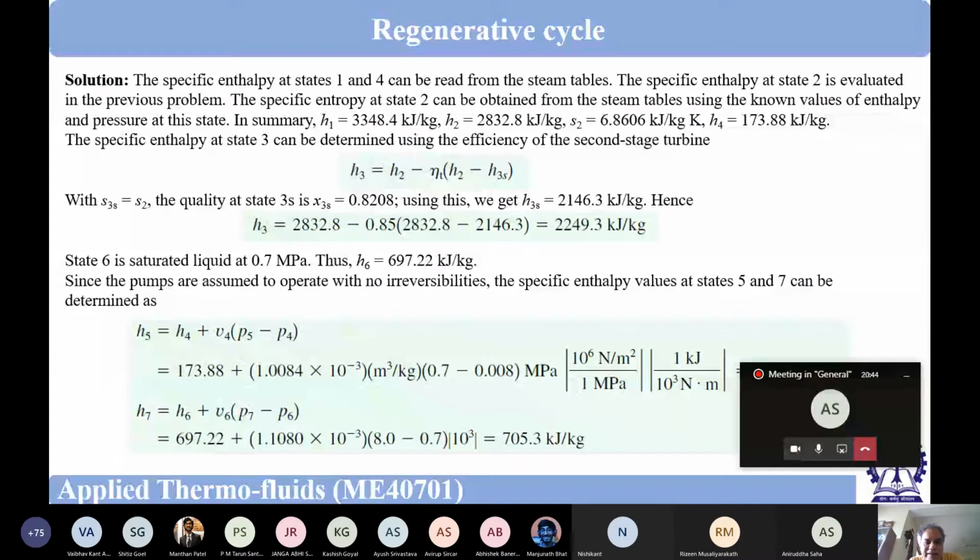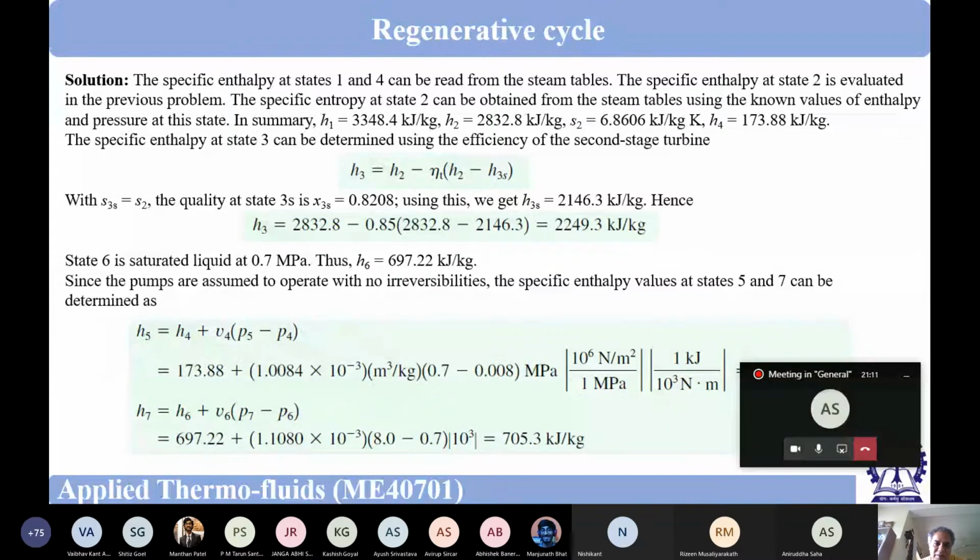I think after this explanation, you can follow the problem straightforwardly, no? Or do you need to go through it? These have been done in your thermodynamics class. It will be too boring if I go point by point. The crux of the point I have told is how to determine the mass.